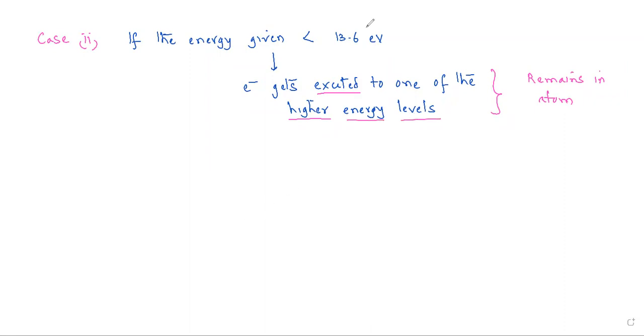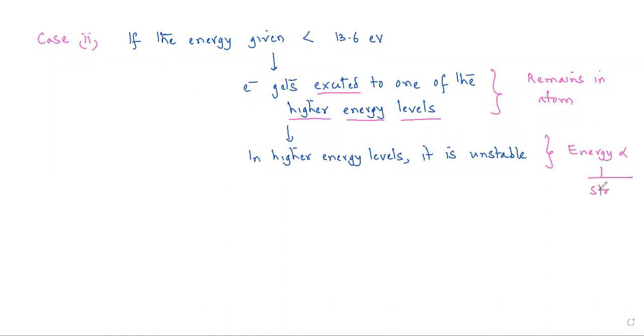Now, as I said, in higher energy levels, it is unstable. Yes, of course. I told you many a times that any system with a higher energy is less stable, as energy and stability are inversely proportional.